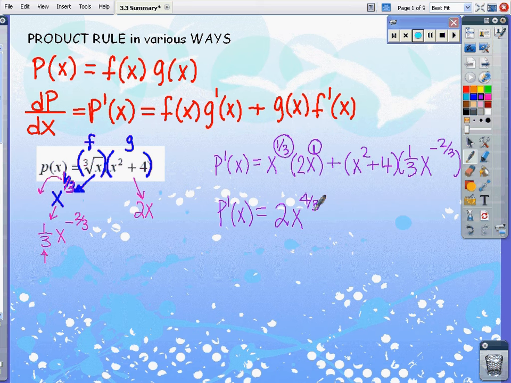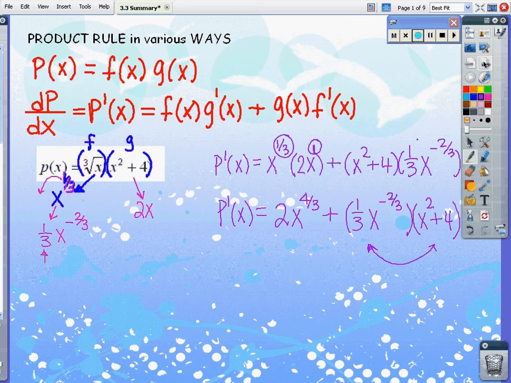Plus 1/3 x to the negative 2/3 plus 4. I'm going to actually keep that in factored form. And I'm just rewriting it. I actually switched the order in which I wrote it, but if you want to leave it the other way around, these are reversible.